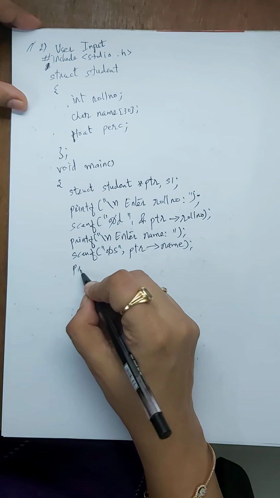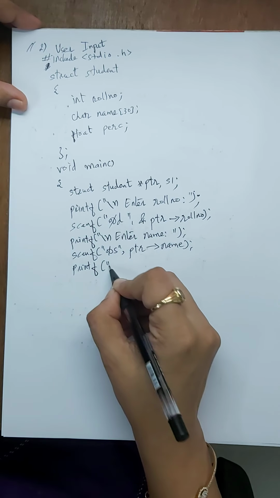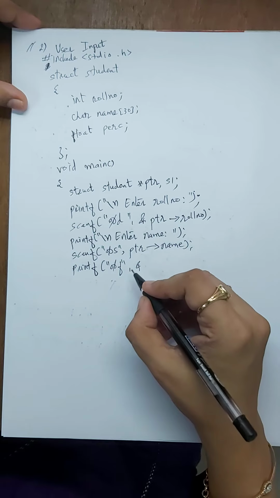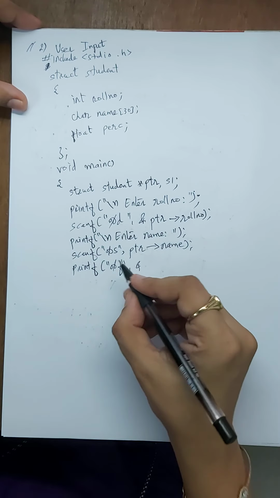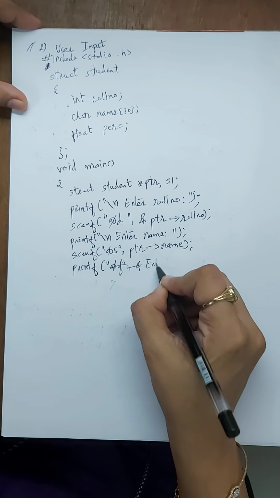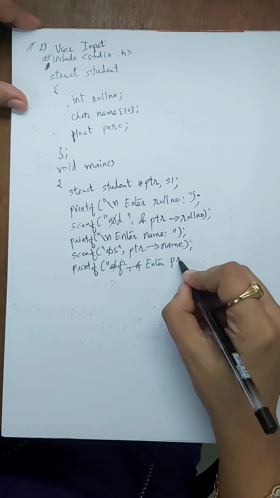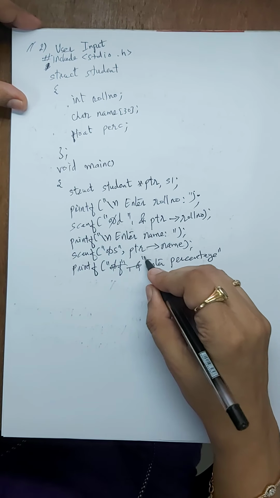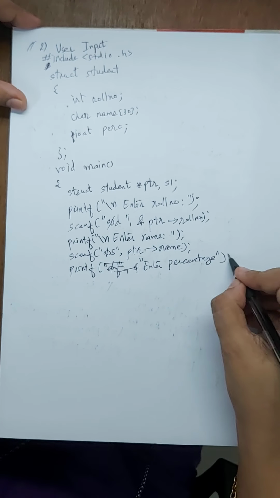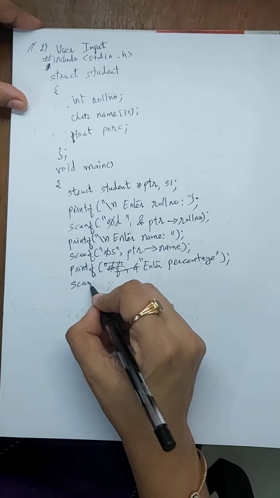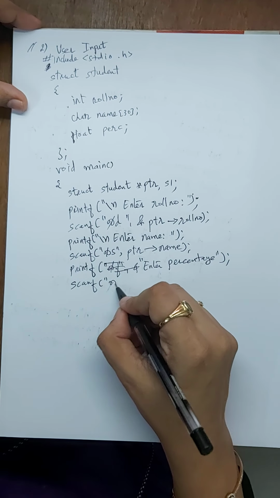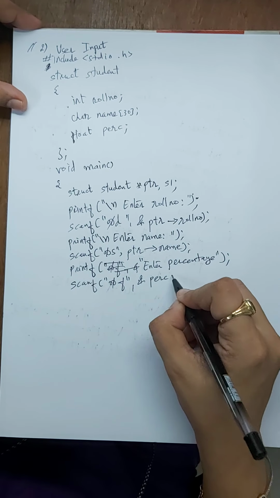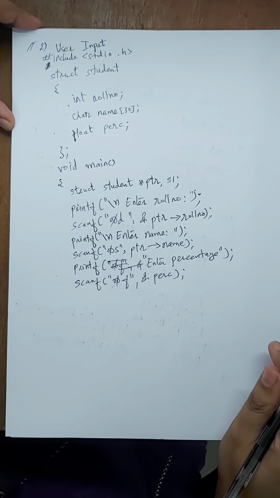And then again printf, and here we'll write enter percentage, and then scanf %f ampersand ptr percentage. Hope you have understood this.